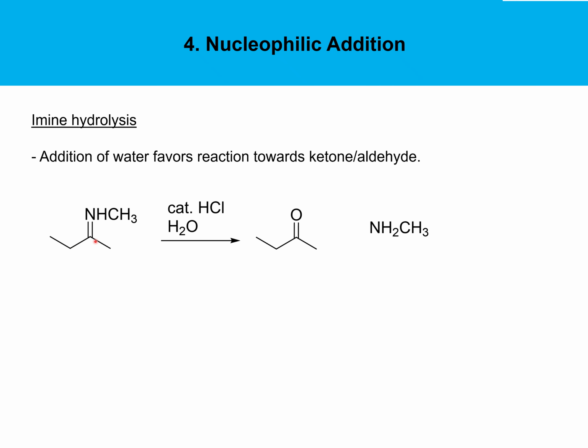So that same carbon will now turn into a carbonyl. The byproduct would be an amine. You can tell which amine it's going to be by the fact that we have a nitrogen, a hydrogen, and a methyl group attached to that nitrogen. So adding an extra hydrogen will give us the byproduct from this reaction.